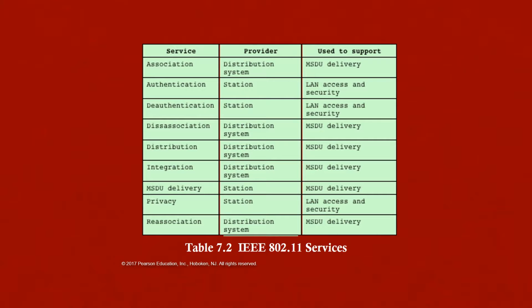Following the IEEE 802.11 document, we next discuss the services in an order designed to clarify the operation of an IEEE 802.11 ESS network. MSDU delivery, which is the basic service, already has been mentioned. Services related to security are introduced in section 7.4.